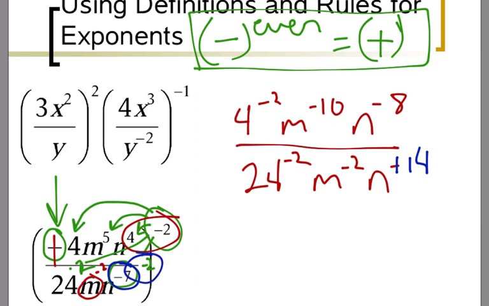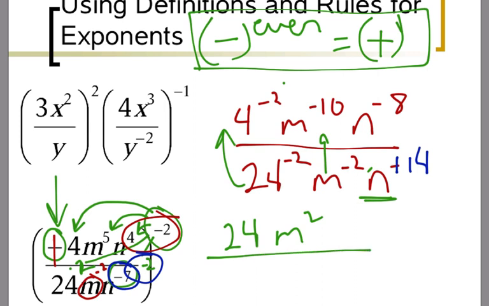Now that I have all my distributing done, I'm going to go ahead and flip everything that is negative and make all my exponents positive. So then I get 24 on top. I'm going to get m squared on top because it needs to go up. And then the n stays on the bottom. So that's all that's left on the top. The 4 goes down to the bottom, so it's going to be 4 squared.